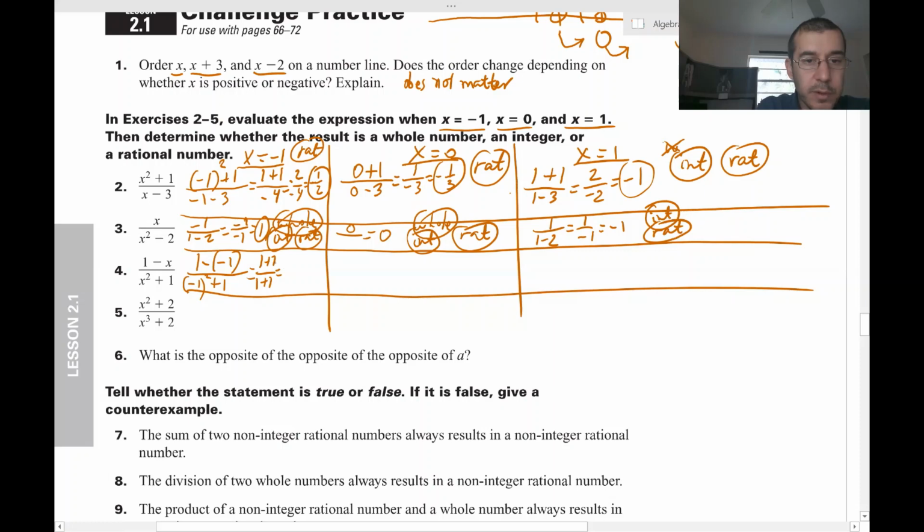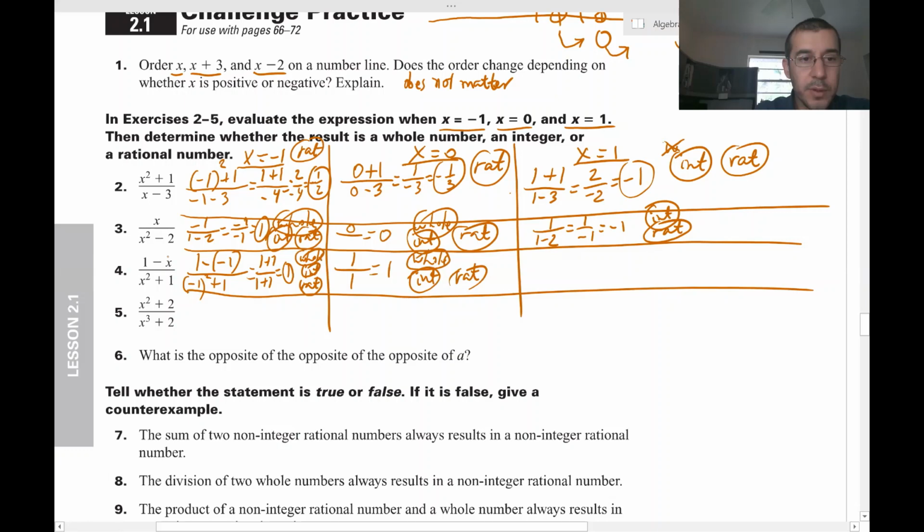We have 1 plus 1 over 1 plus 1, that's 2 over 2, or just 1. So this is a whole number, it's also an integer, and it's a rational number. When x is 0, we have 1 minus 0, which is 1, and then 0 squared is 0, plus 1 is 1, so this is 1 over 1 or 1. This is again a whole number, integer, rational number.